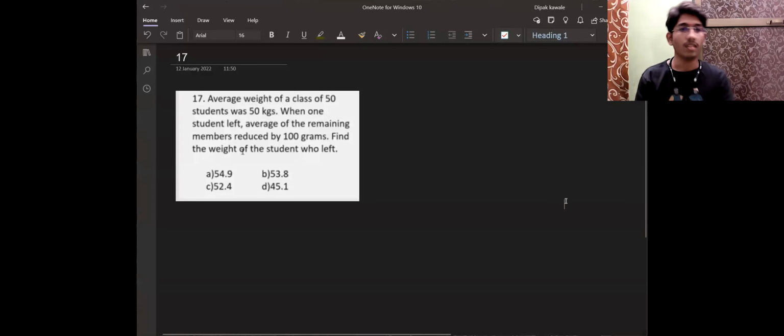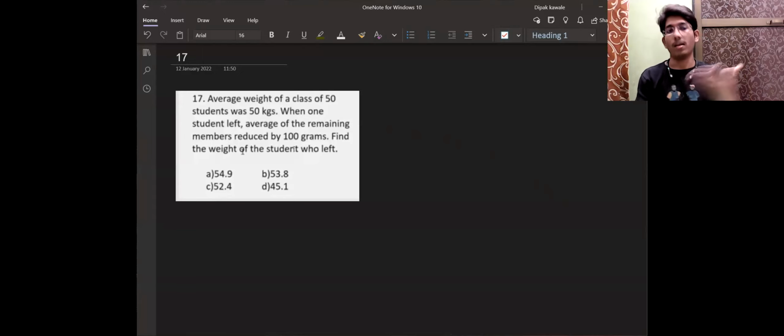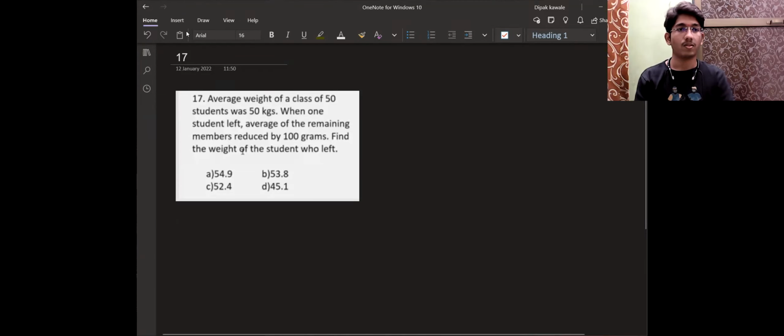Okay, now it is saying when one student left, average of the remaining members reduced by 100 grams. Find the weight of the student who left. Okay, so let's do this problem. So what are they asking us?